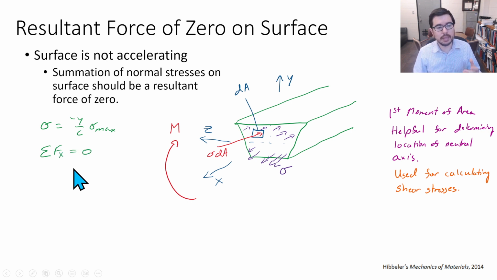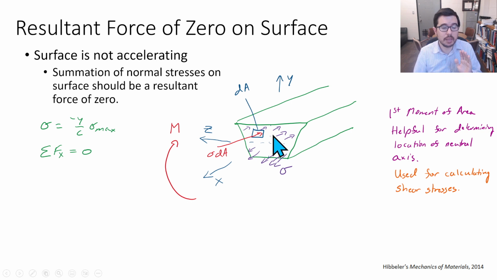We can then use this idea that this surface is not going to be accelerating, and that about the neutral axis, if we do a summation of all these little stresses over areas, the net result of the force on this area, not the moment, should be equal to 0.